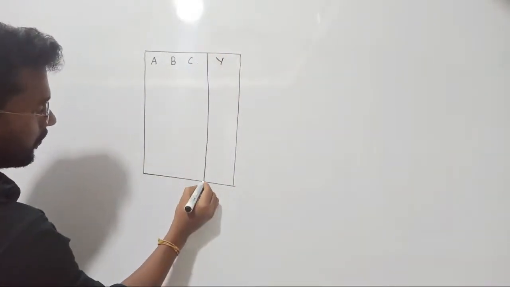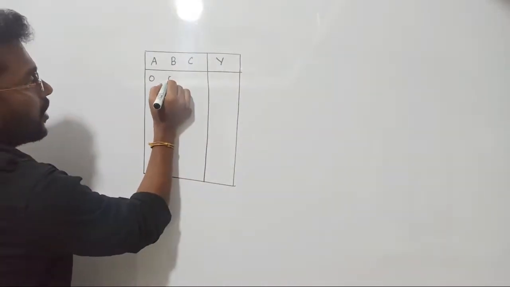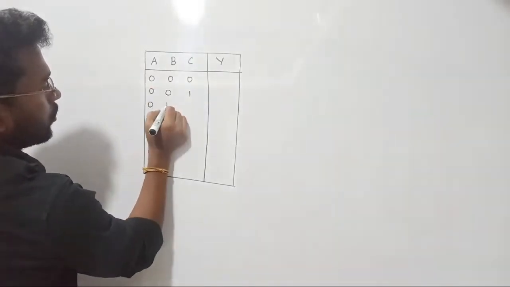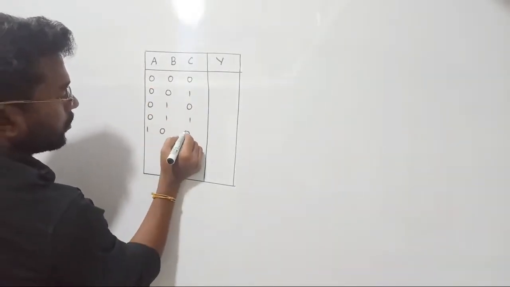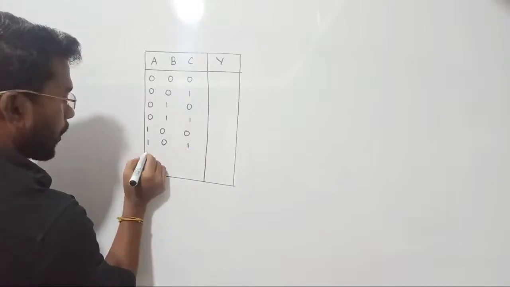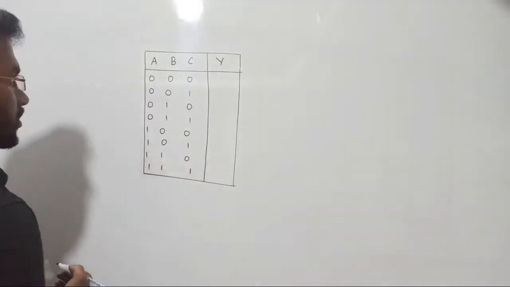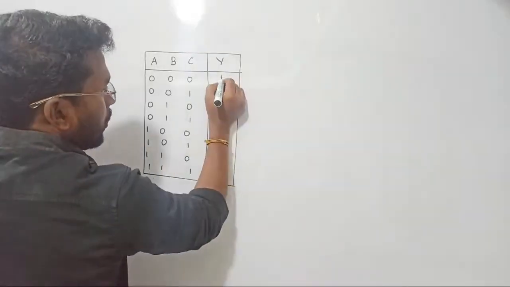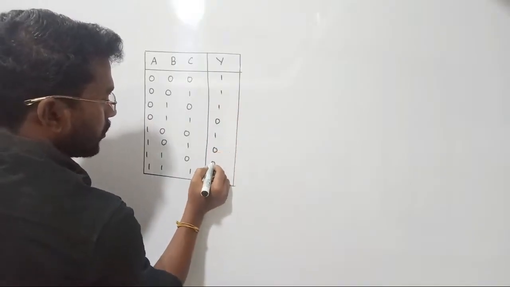First, the given variables are, let me write them. If you have 3 variables, then 8 combinations are possible: 000, 001, 010, 011, 100, 101, 110, 111. Totally we can consider 8 possibilities, right? And the corresponding output values are given as 1 1 1 0 1 0 0 0.